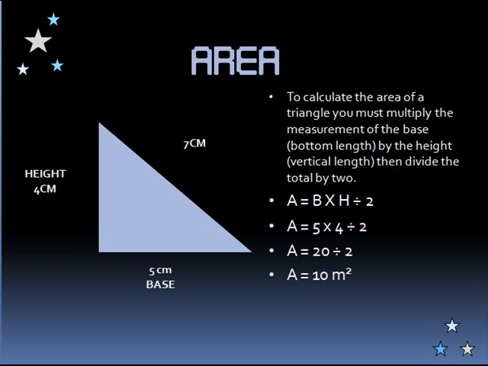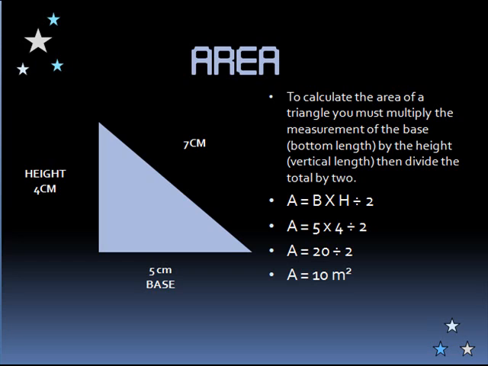When calculating the area of a triangle, we need to remember a very simple equation. We look for the length that identifies the base, or a horizontal value, and a length that will indicate the height of our triangle, which will be represented as a vertical value. In this case, our base value is 5 centimetres. Our height value is 4 centimetres.